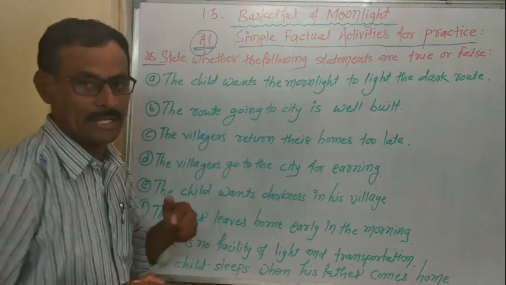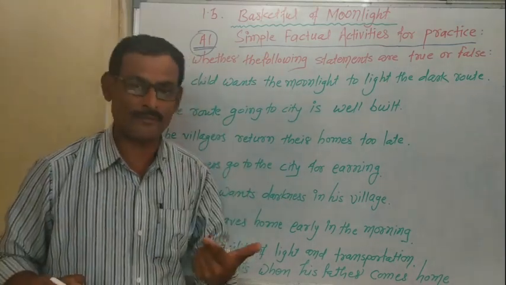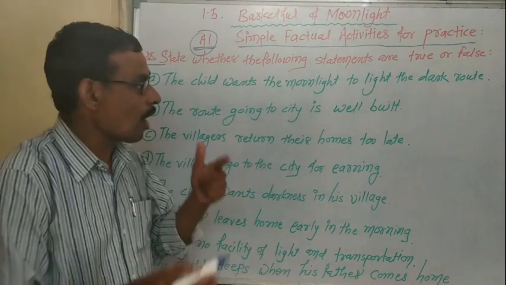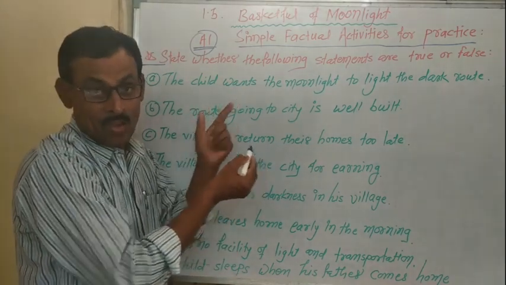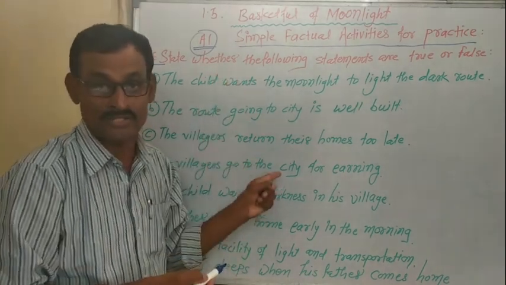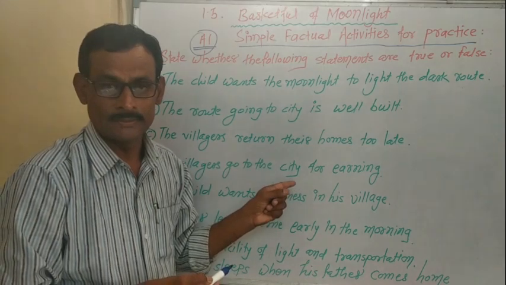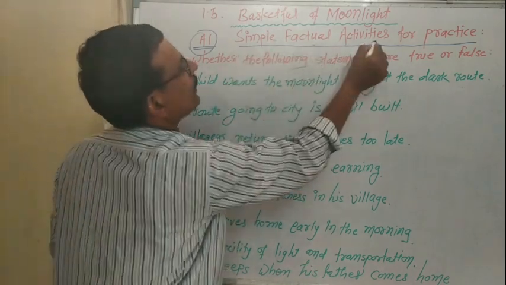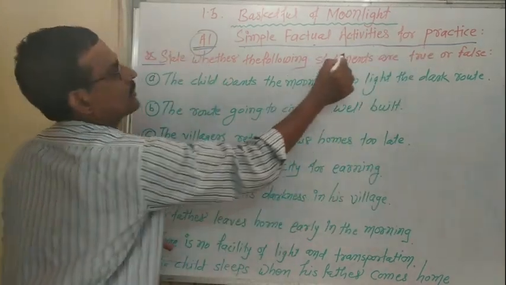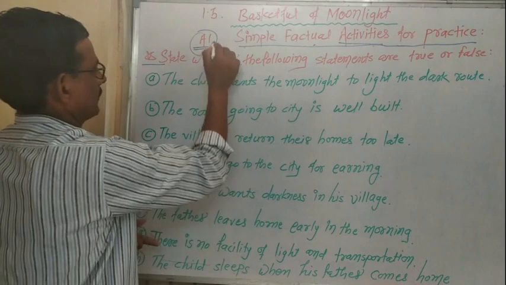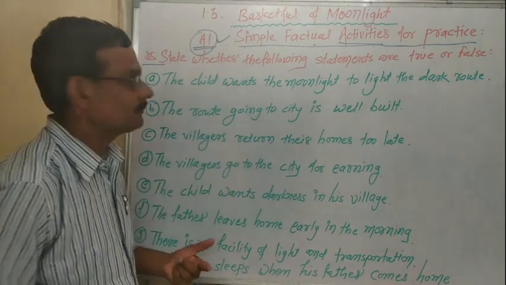As you know, there can be different types of factual questions also, simple factual questions, and one of the types is this, which we have taken here for practice today. Come on, let us see. Simple factual activities for practice. Activities, that means questions, which are related to A1.